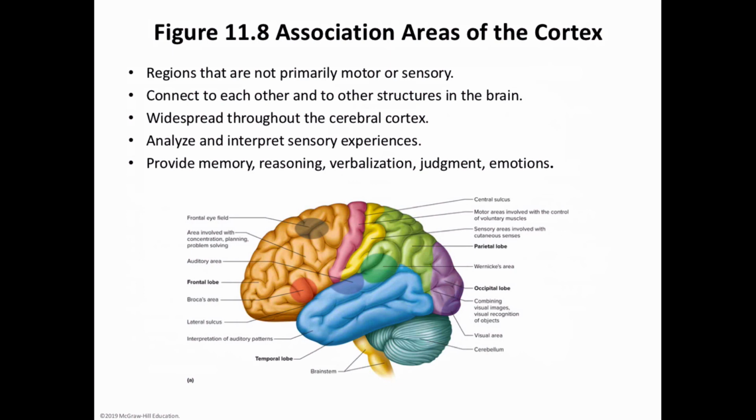These regions also store memories of visual scenes, the music you do indeed love, such as maybe a Stevie Wonder or a Miles Davis, or even old Kanye, and other complex sensory patterns. The occipital lobes have association areas that are adjacent to the visual centers.